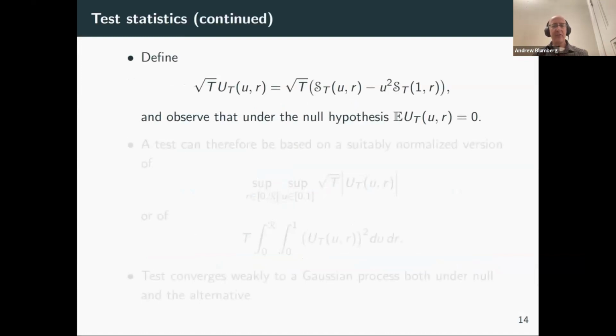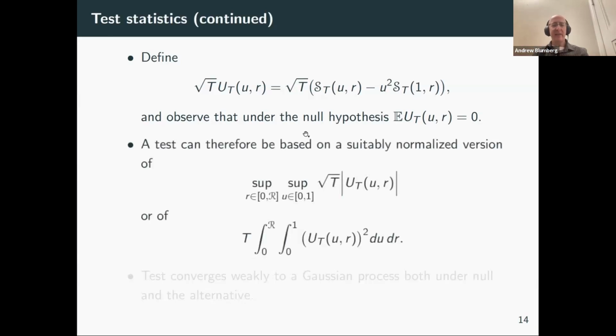if you rescale this thing by root t and look at this normalization, it says observe. Of course, this is not intended to be obvious during a talk like this, but it is true that this associated quantity under the null hypothesis has expectation 0. So a very reasonable kind of test is to look at the sup, or equivalently, the integral of this quantity, right?